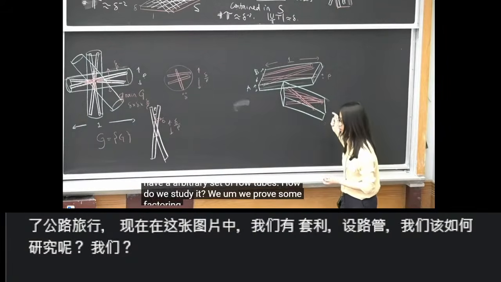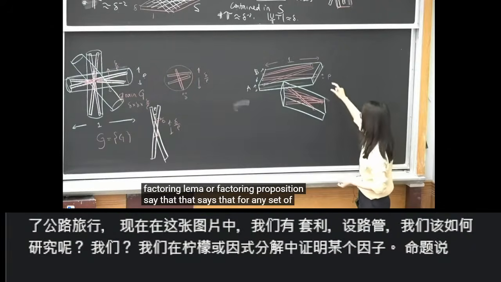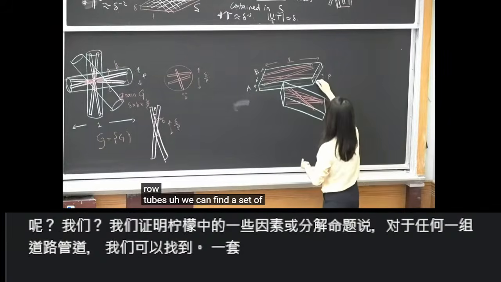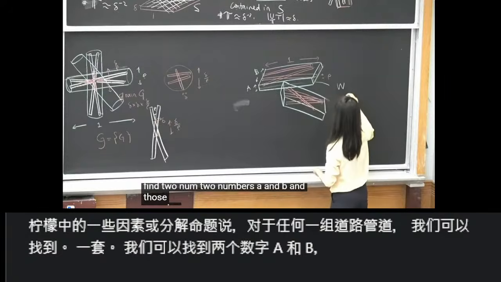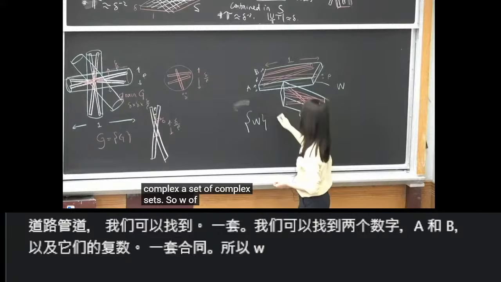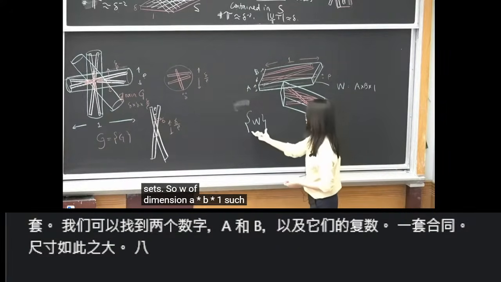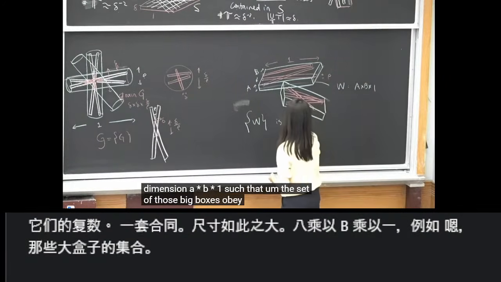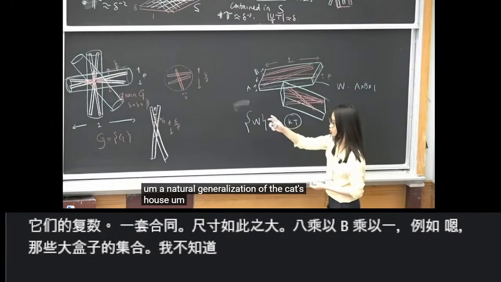We prove a factoring lemma, or factoring proposition, that says that for any set of rho tubes, we can find two numbers A and B, and a set of sets W of dimension A times B times 1, such that the set of those big boxes obeys a natural generalization of Kakeya's Wolf axiom.